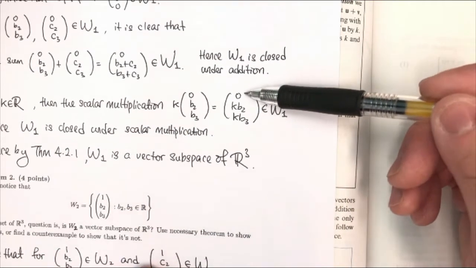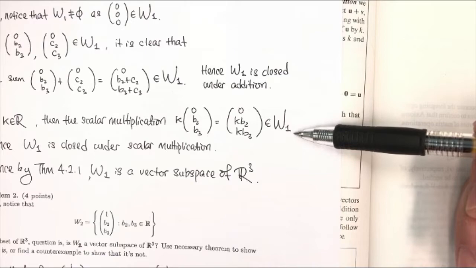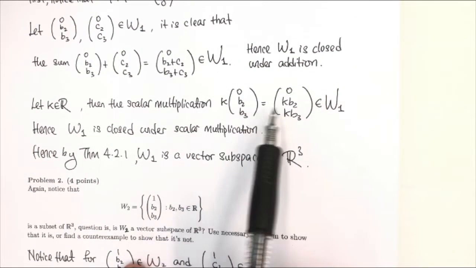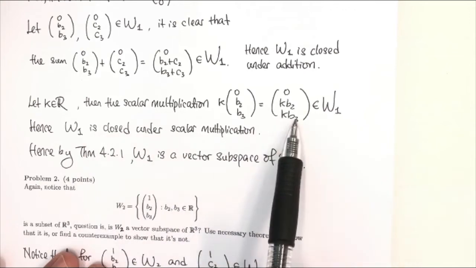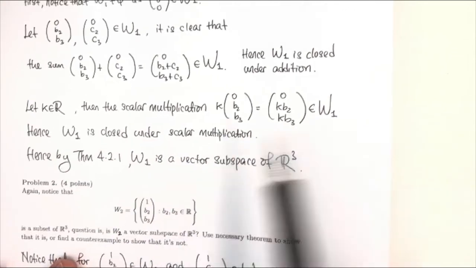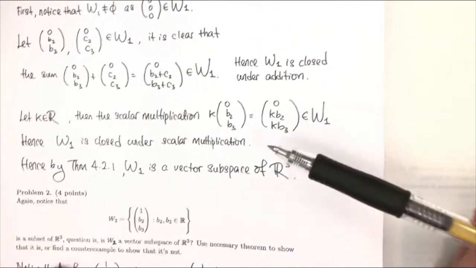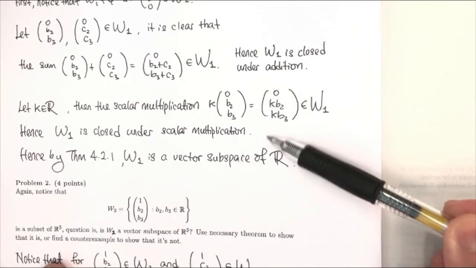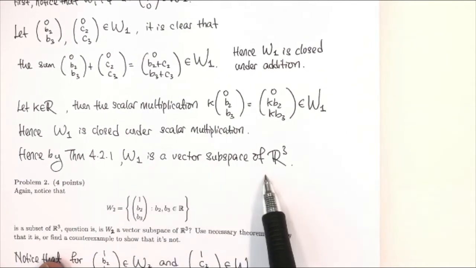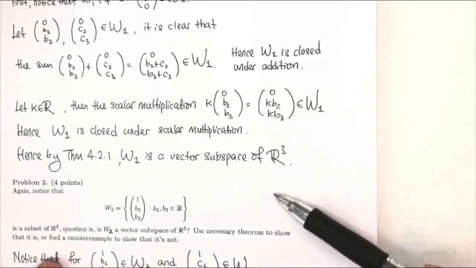So you end up getting (0, KB2, KB3), which is again an element in W1. Then make a conclusion. What does this computation tell us? These computations tell us that W1 is closed under scalar multiplication. So once you have closure under addition and closure under scalar multiplication, then by theorem 4.2.1, W1 is a vector subspace of R3, and make the conclusion.